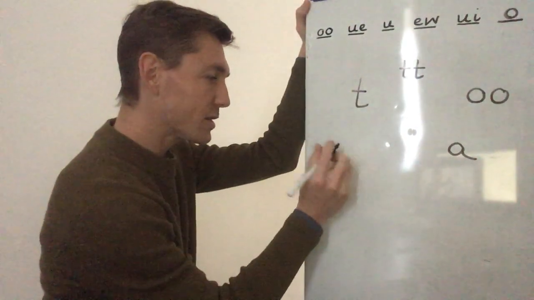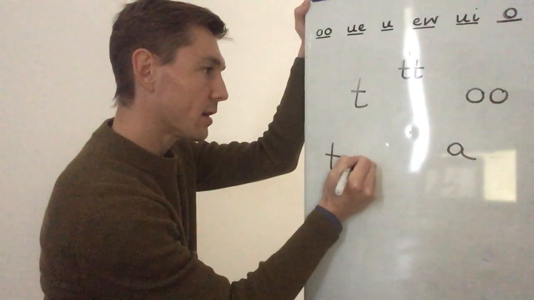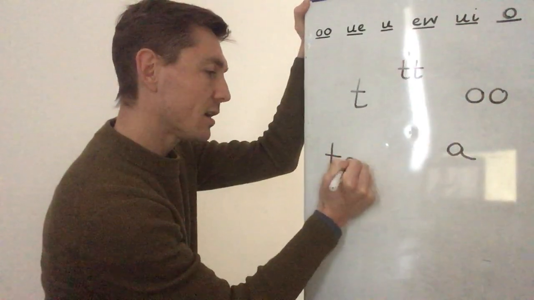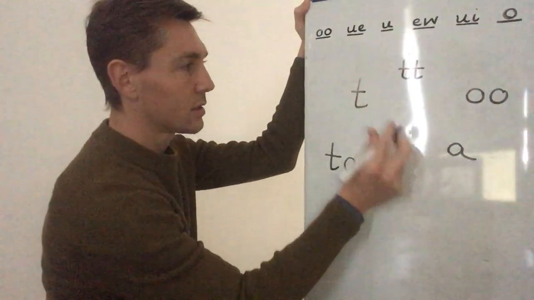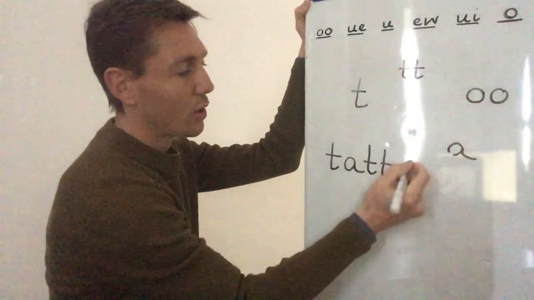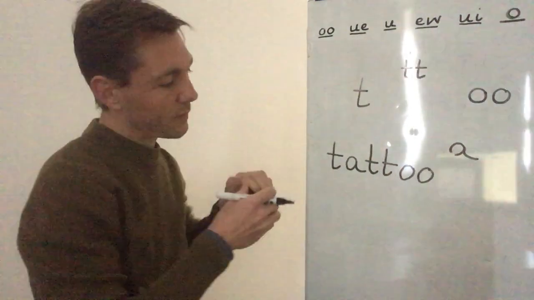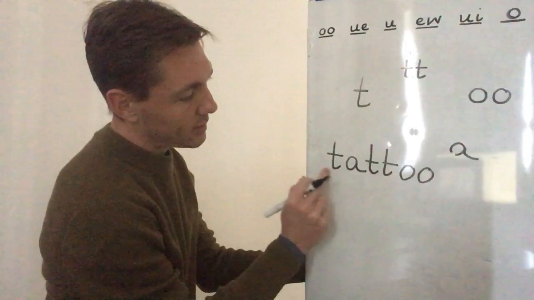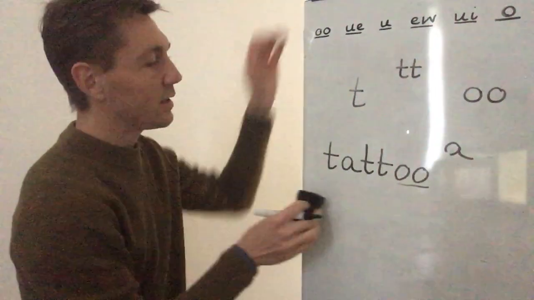Let me hear you saying them as you write them. T, a, t, t, at, oo. Good job. You've got t, at, oo, tattoo. Lovely.